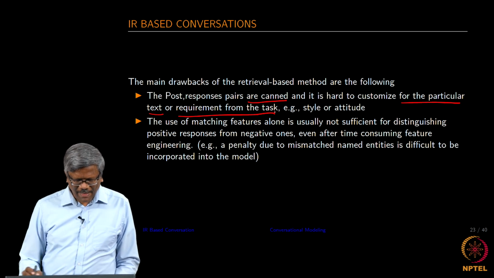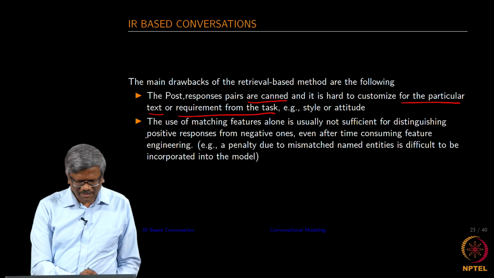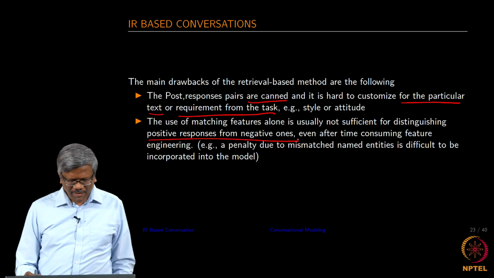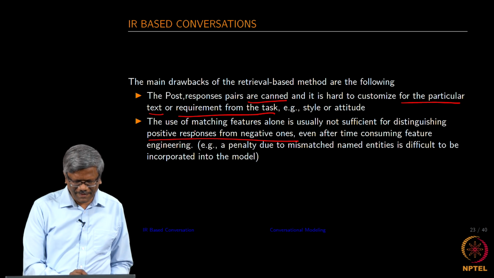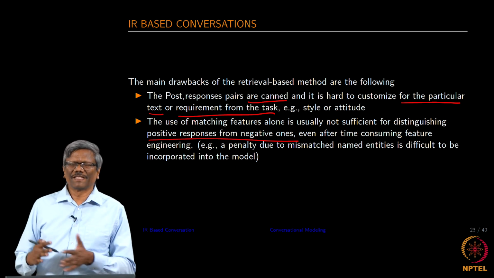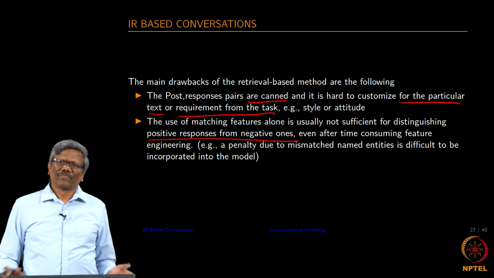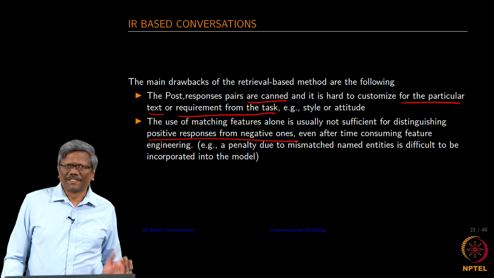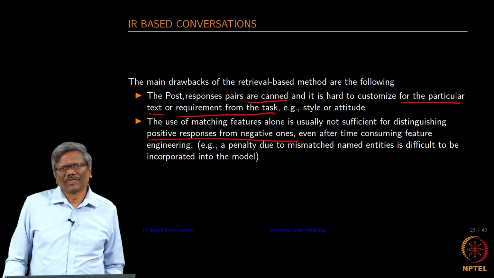The use of matching features alone is usually not sufficient for distinguishing positive responses from the negative ones, even after time consuming feature engineering. Okay. So, what it says is the matching features are not sufficient, we need to be able to bring something else as part of this. Again, as I mentioned, it is based on the information retrieval query and ranking engine, which is based only on the keywords that are picked up from the query as well as from the post and responses.